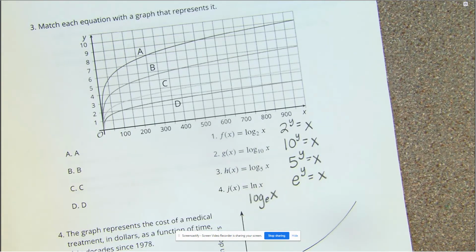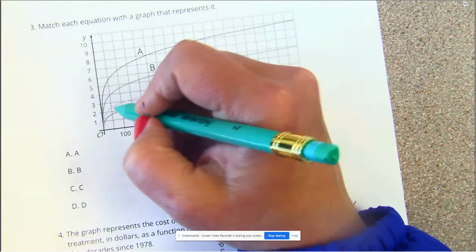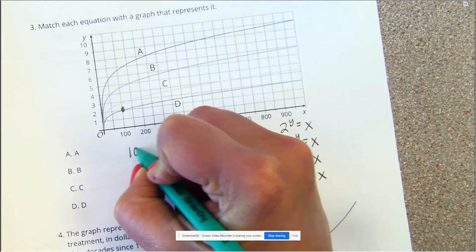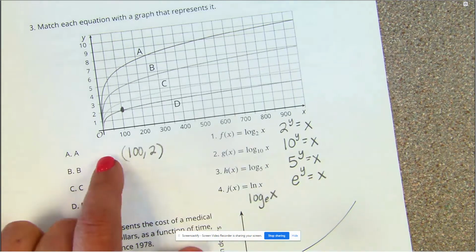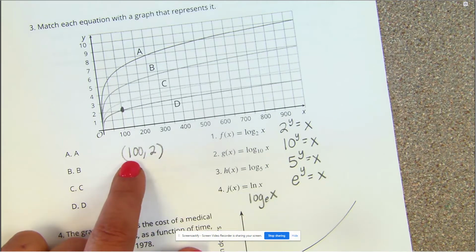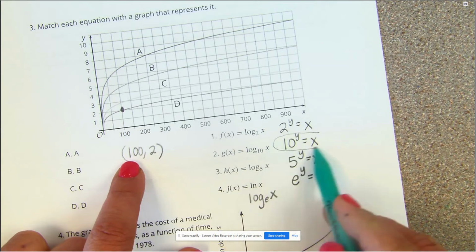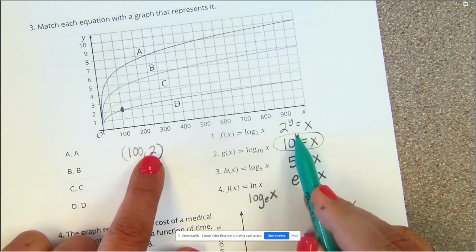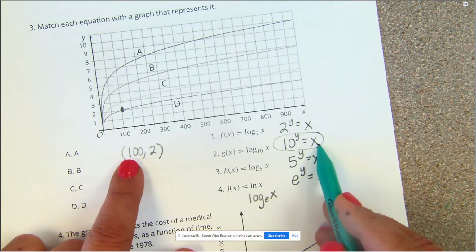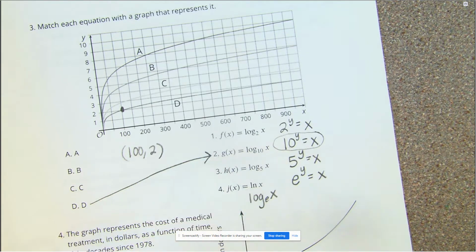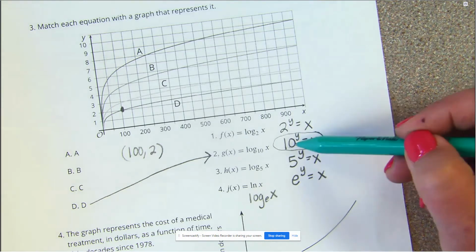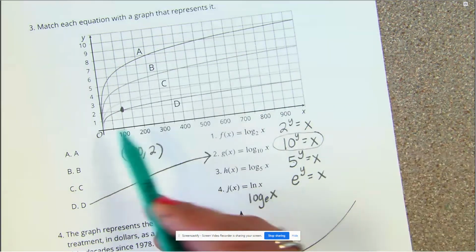All right, so now let's see if I can find a point. This is a nice point, 100 and 2. And just like I did on the previous problem, what number to the second power is 100? That'd be this one right here. 10 to the second power is 100. So this one, number 2, is letter D. And then I also noticed something, maybe because I'm a math teacher, but 10 is the biggest base out of all of these, and it's the lowest graph.